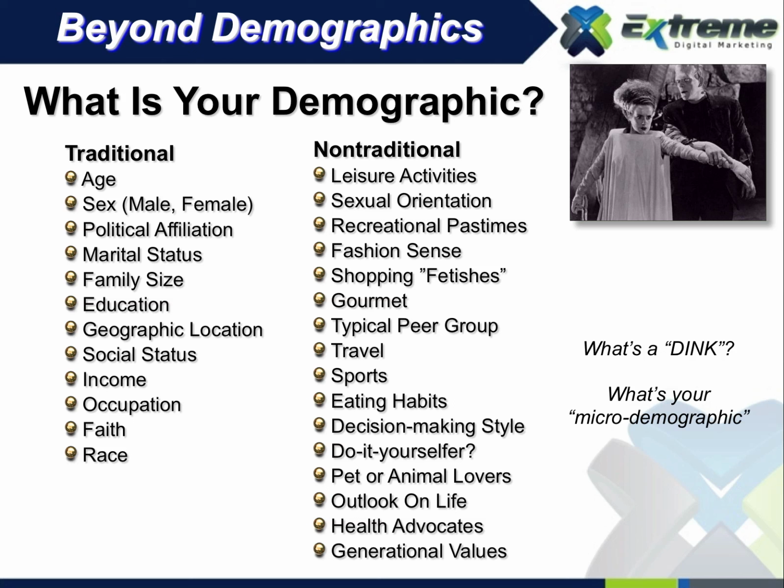So, okay, what does that mean? Well, if that's your demographic, isn't there volumes of inferred information that you can get from knowing that a major part of your demographic is a dink? See? That's what I'm talking about, pulling out those nuggets of gold, that really important information about how your customer actually thinks.